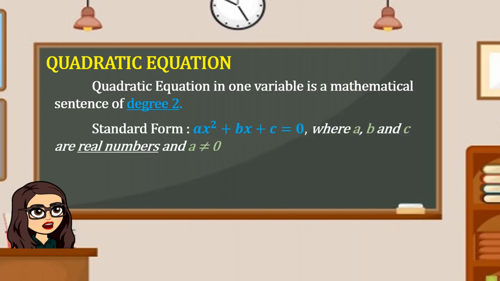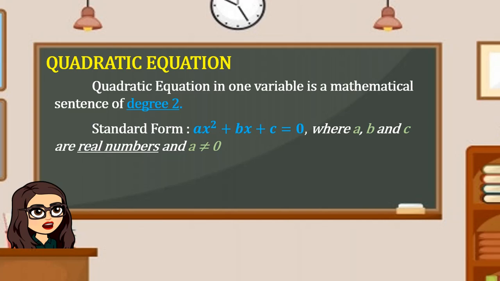A quadratic equation can be written in its standard form, and it is ax squared plus bx plus c equals 0, where a, b, and c are real numbers, and a must not be equal to 0. When we say real numbers, the number must be existing, or it can be located on a number line. Also, it emphasizes that only the value of a must not be equal to 0, meaning the values of b and c could be 0.